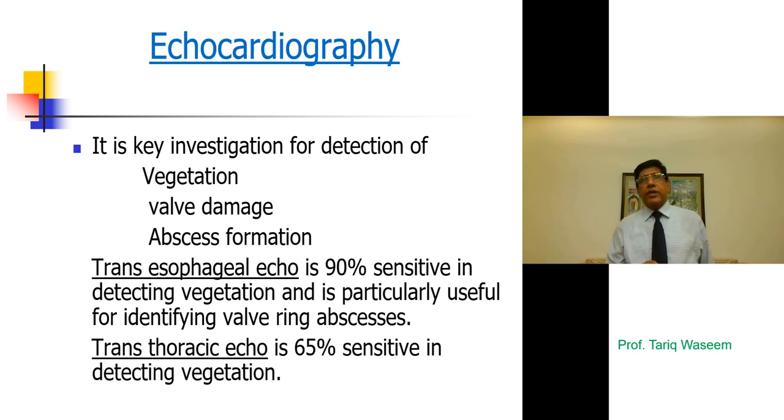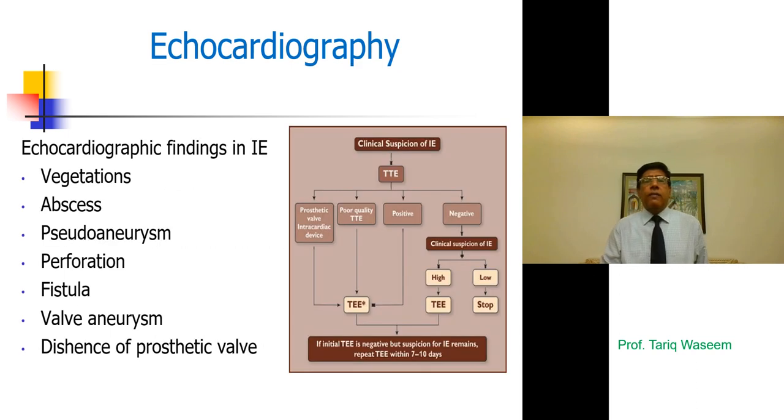Transthoracic echo sensitivity is around 65%, whereas transesophageal echocardiography has a sensitivity of around 90% to diagnose, particularly aortic valve lesions and particularly aortic root abscesses, which may not be very well visible with the transthoracic echo alone.